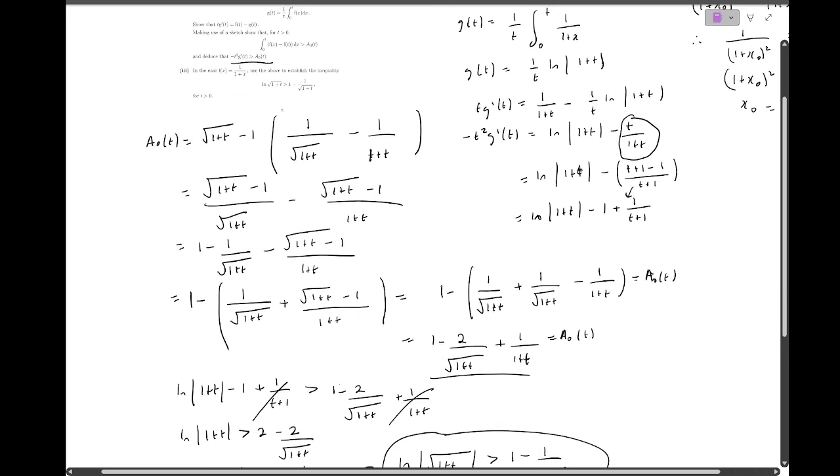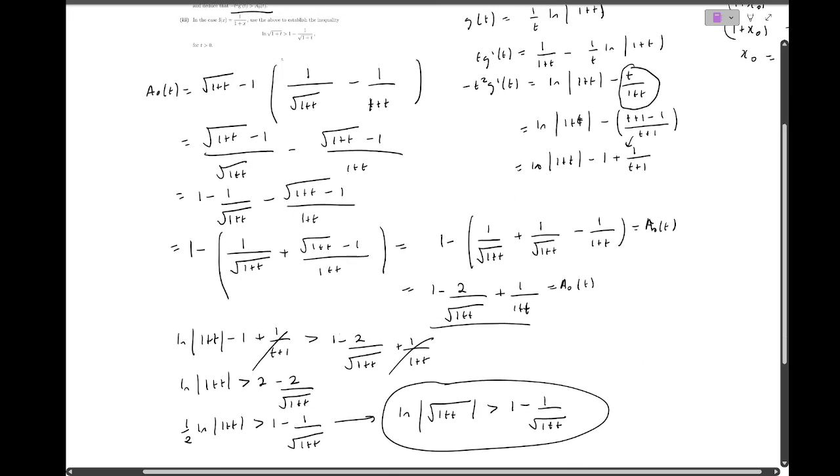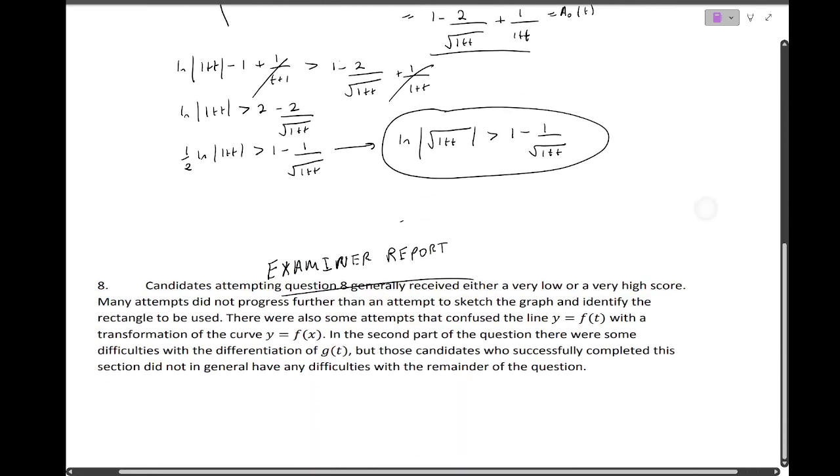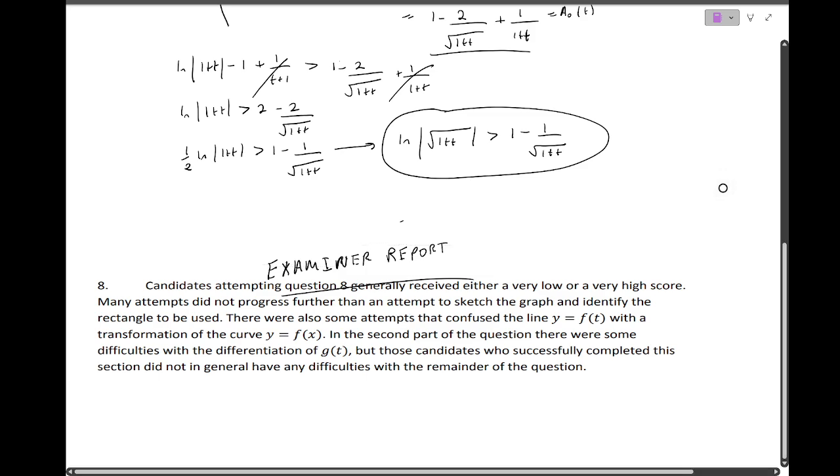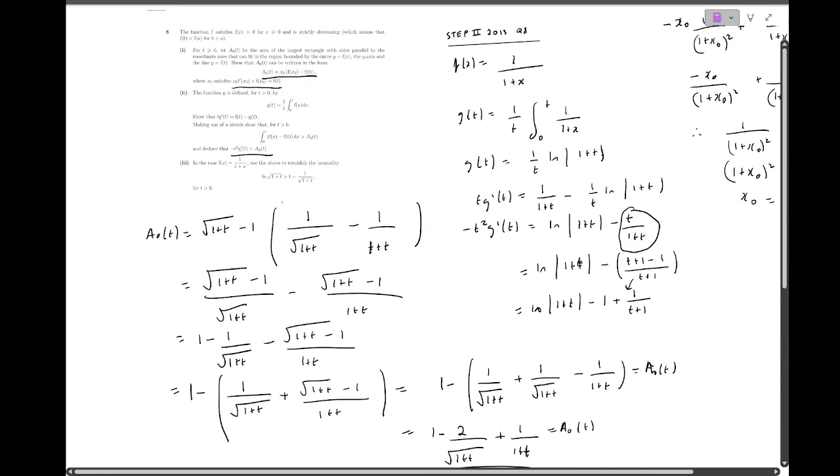I'm going to go over the examiner report now, just to see what the common errors were in this question. So sorry if this looks really weird to read, but essentially most candidates either received a very low or high score, which makes sense because I think most of the difficulty of the question was just understanding what was going on.